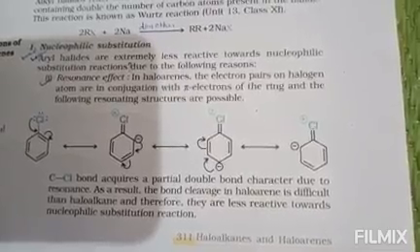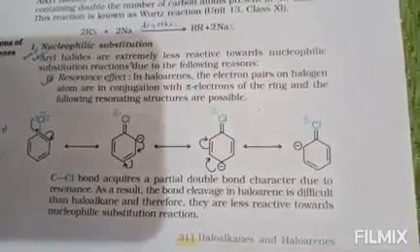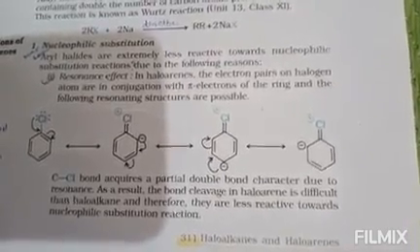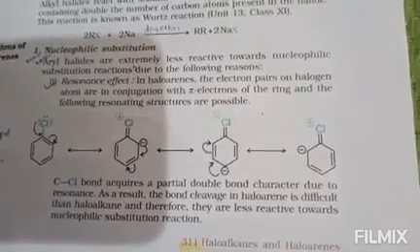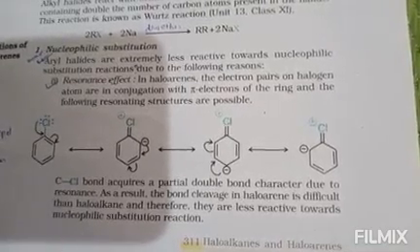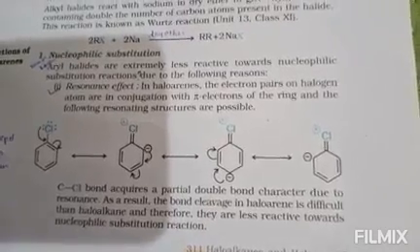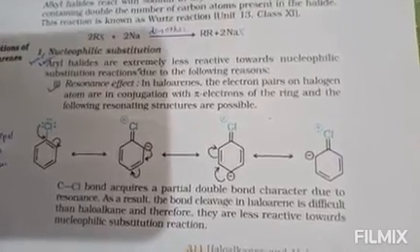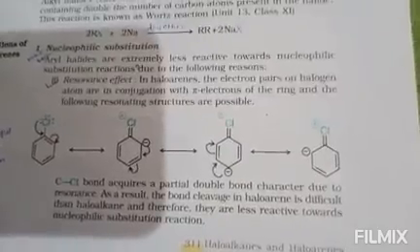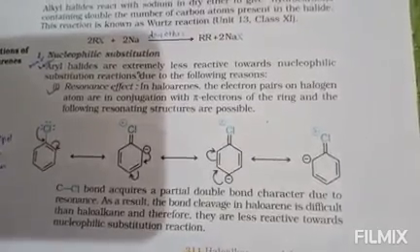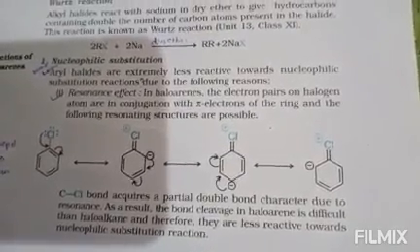As a result, bond cleavage in haloarenes is more difficult than in haloalkanes, and therefore they are less reactive towards nucleophilic substitution reactions. So by using this, we can answer: aryl halides are less reactive in nucleophilic substitution reaction as compared to alkyl halides.